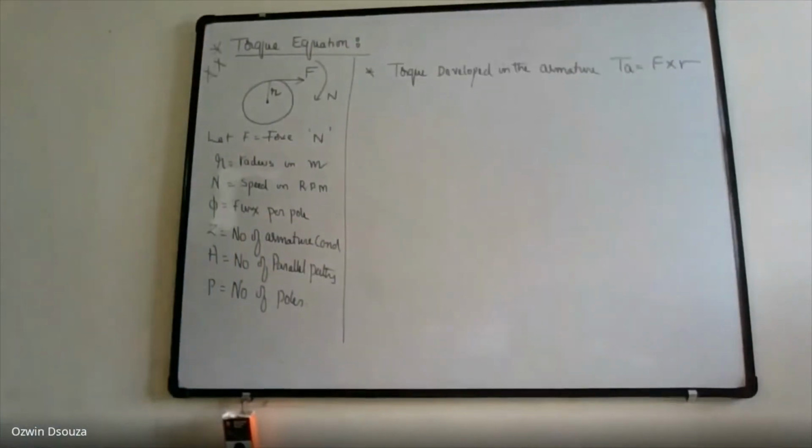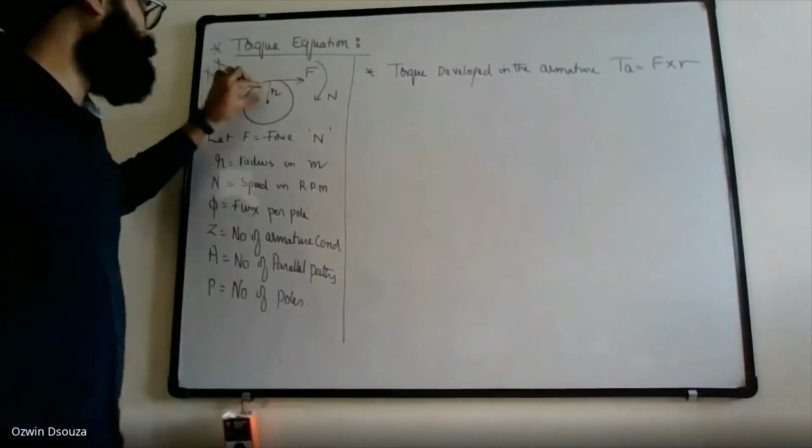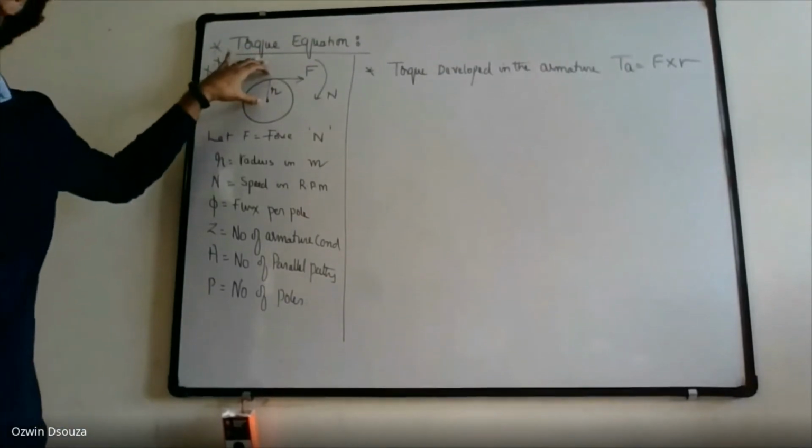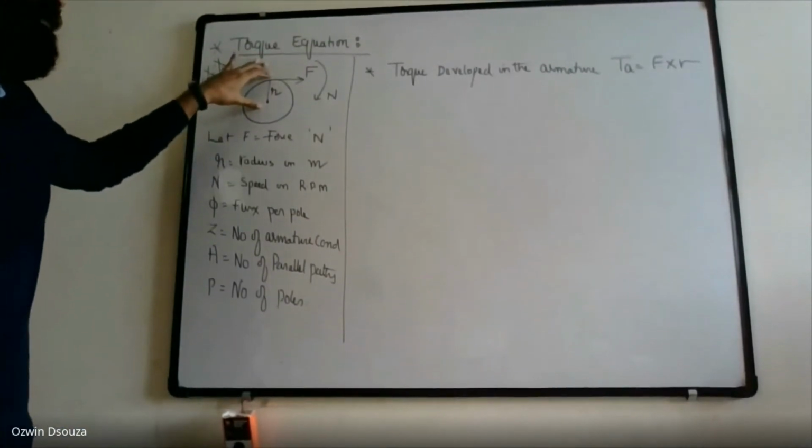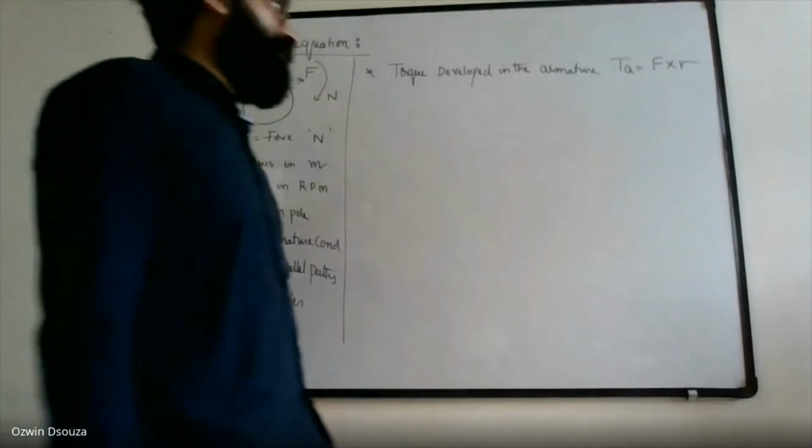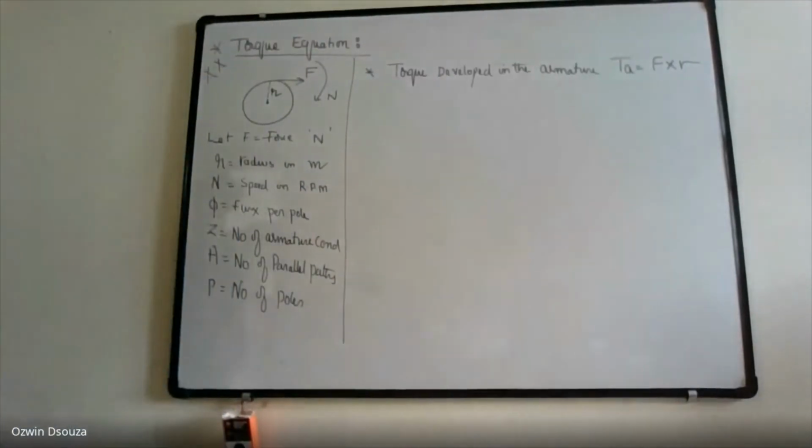Right? Torque is nothing but twisting force. So force into distance basically gives the torque. Over here, that distance is nothing but the radius of the rotor. So F into r is torque.